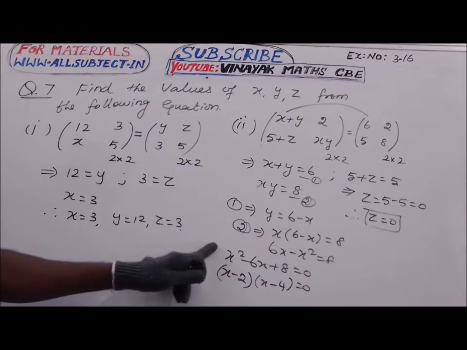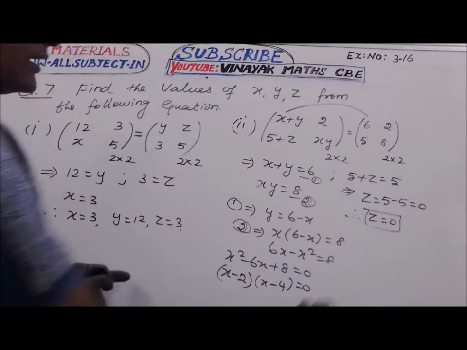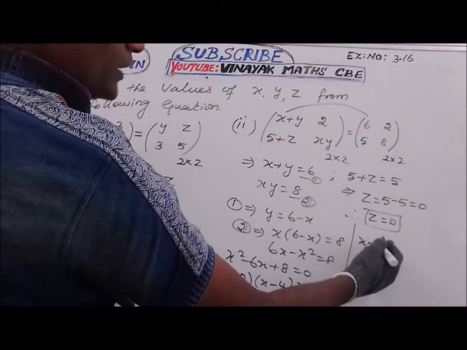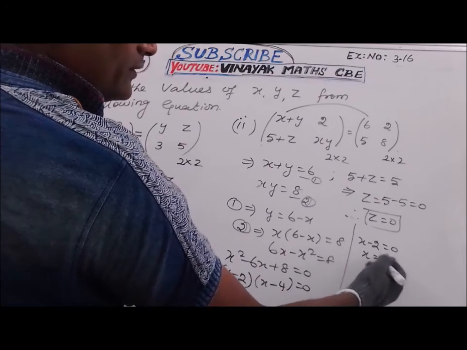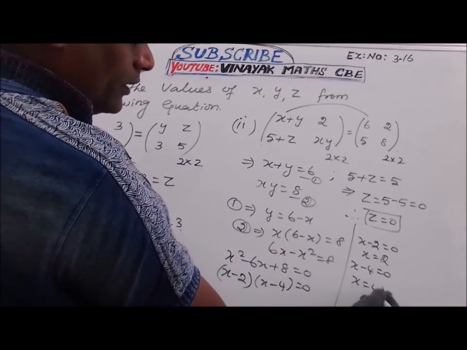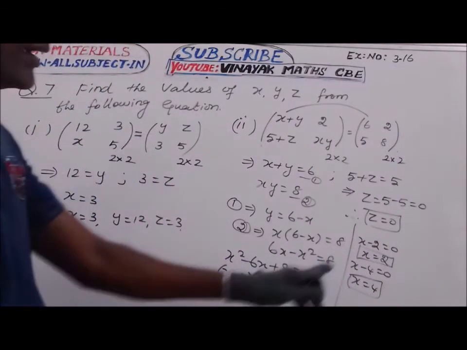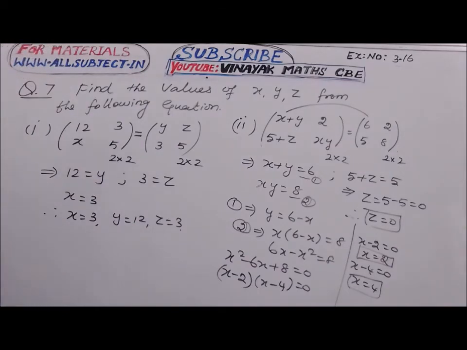So factoring the quadratic equation, x minus 2 into x minus 4 equal to 0. Separating the factors and equal to 0. X minus 2 equal to 0 implies x is equal to 2. And x minus 4 equal to 0 implies x is equal to 4. So these are the values of x. For x we have two values, and for y we need to substitute.